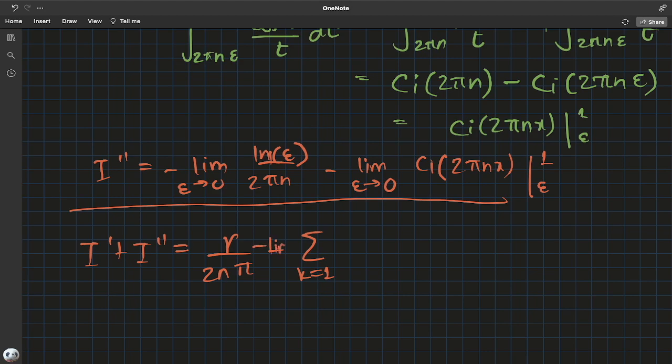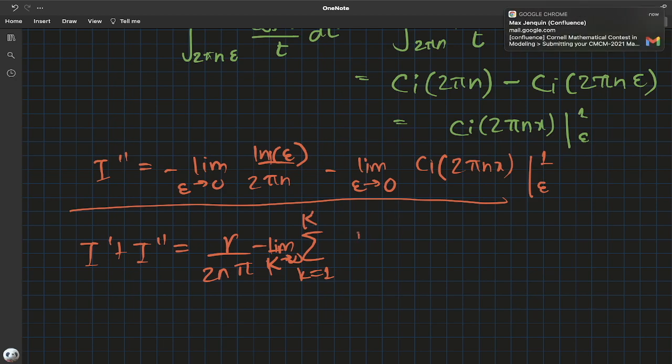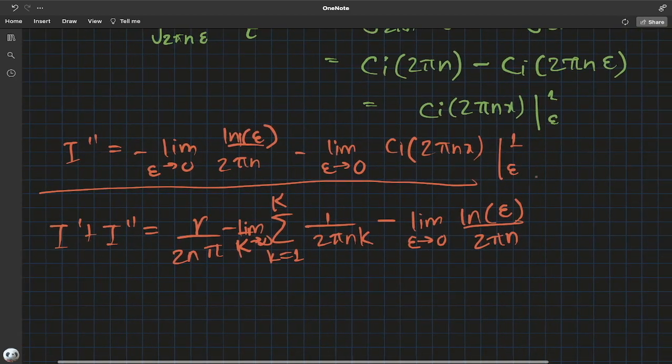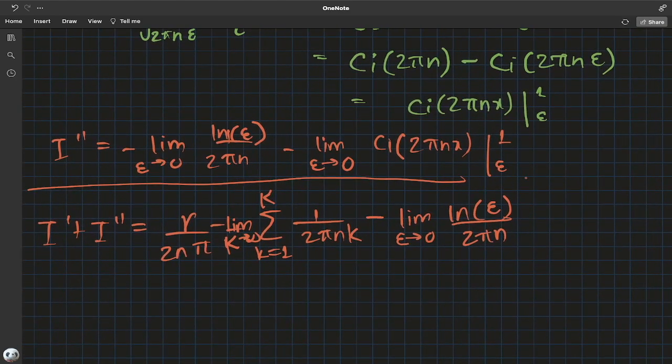Maybe now it's time to take a limit as, I don't know, capital K goes to infinity, 1 over 2 pi n k, minus, well, you have that diverging natural log term, minus basically the cosine integral term.